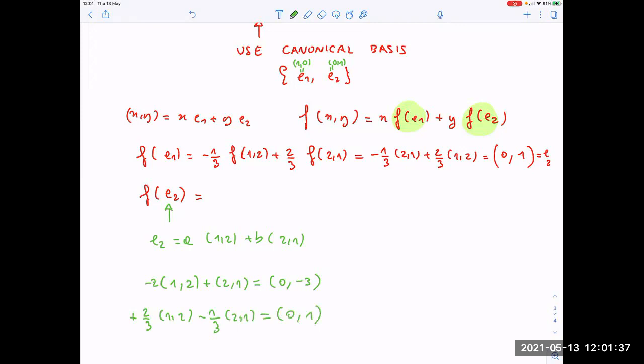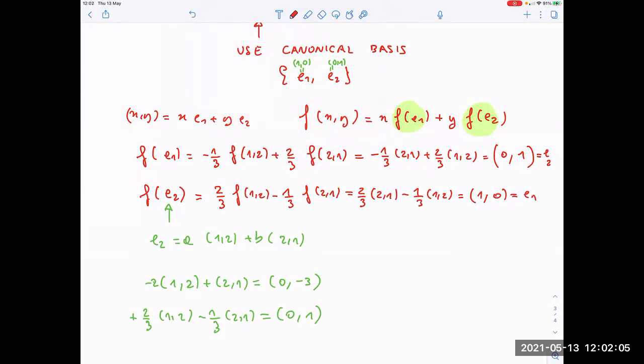And so this tells me that f of E2 is equal to 2 over 3 f of (1, 2) minus 1 over 3 f of (2, 1), which is 2 over 3 (2, 1) minus 1 over 3 (1, 2), which is equal to (4/3 - 1/3, 2/3 - 2/3) = (1, 0). So this is E1.